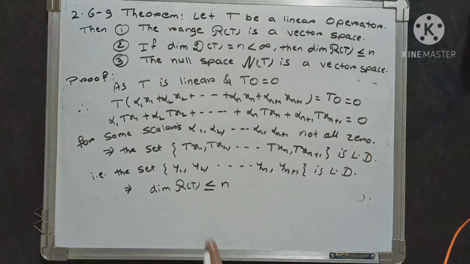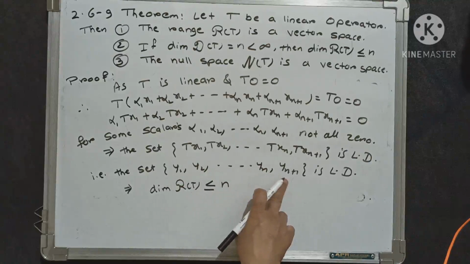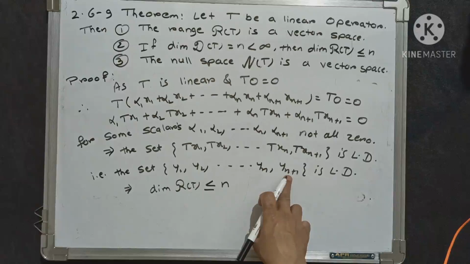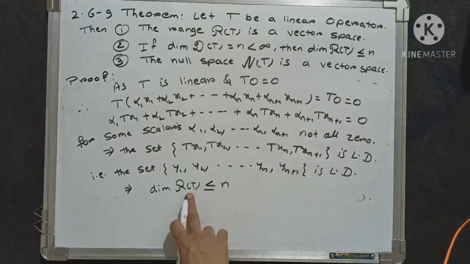Here we took y1, y2, yn plus 1 as arbitrary elements of the range set, and since this set containing more than n vectors is linearly dependent, its dimension must be less than or equal to n. Therefore, if the dimension of the domain equals n, then the dimension of the range set is also less than or equal to n.